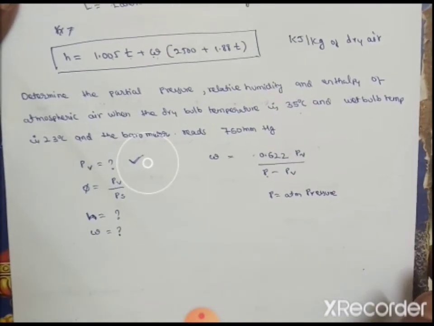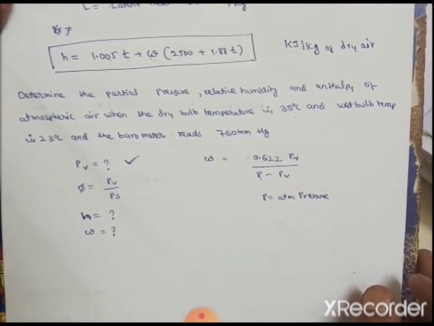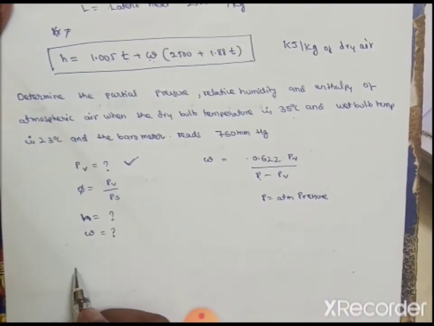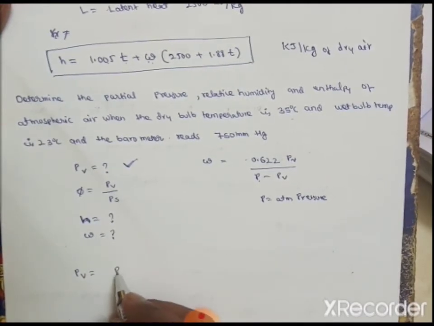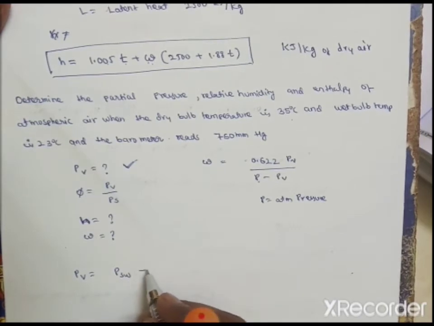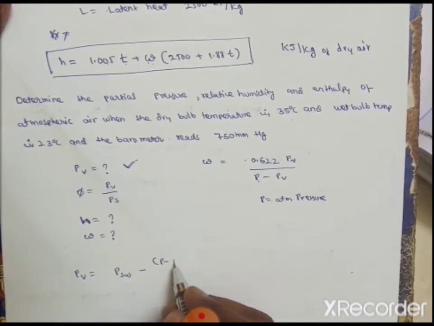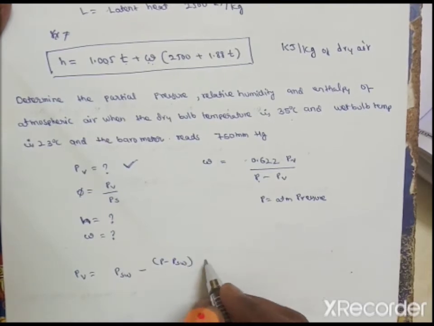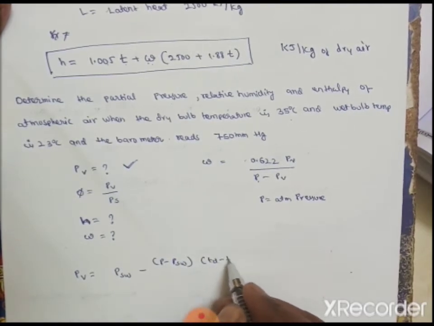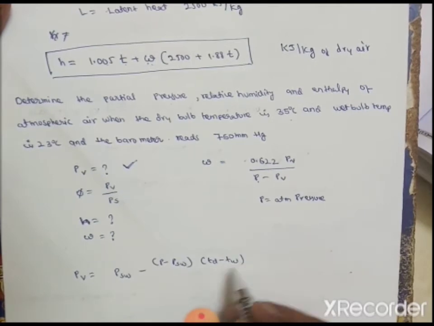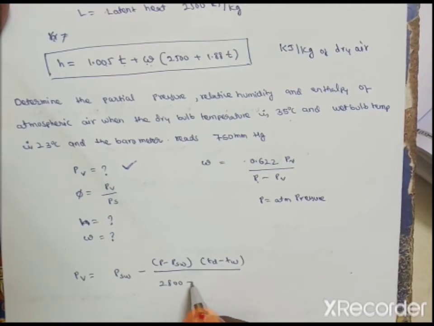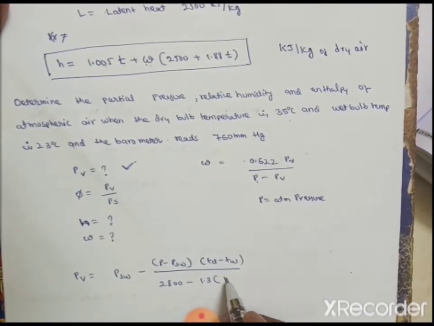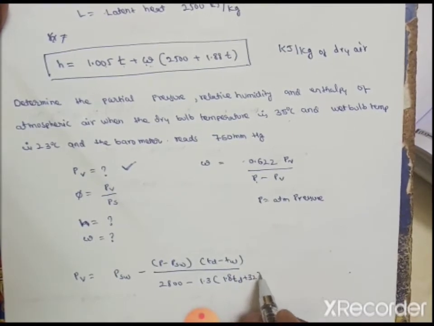PV is given by the Carrier equation: PV is equal to PSW minus P minus PSW, times TD minus TW, divided by 2800 minus 1.3 times 1.8 T plus 32.